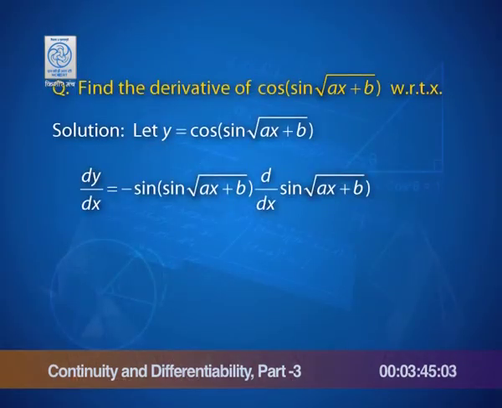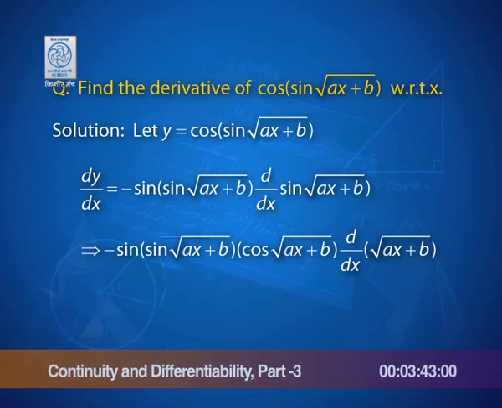Now, what is the next layer? Sine function. So, we differentiate the sine function with respect to root of ax plus b, and we get cos of root of ax plus b multiplied with the previous minus sine of sine root ax plus b into the derivative of the next function, that is root of ax plus b, which leads us to the next layer, which is square root.